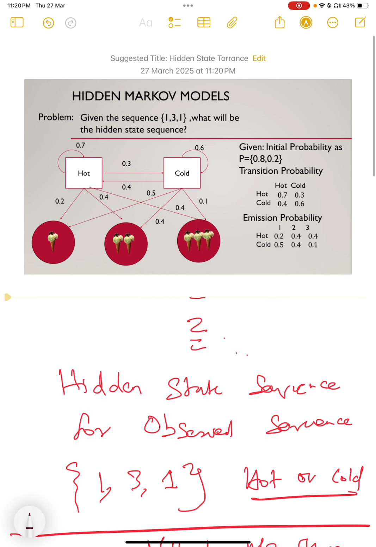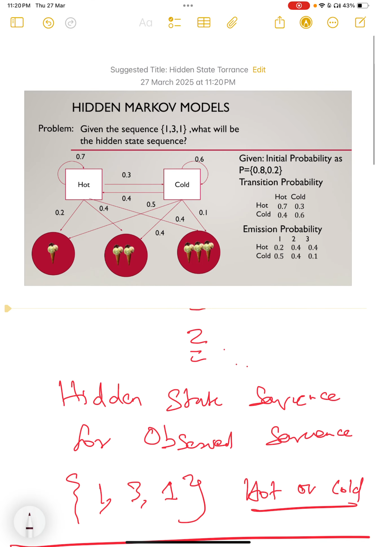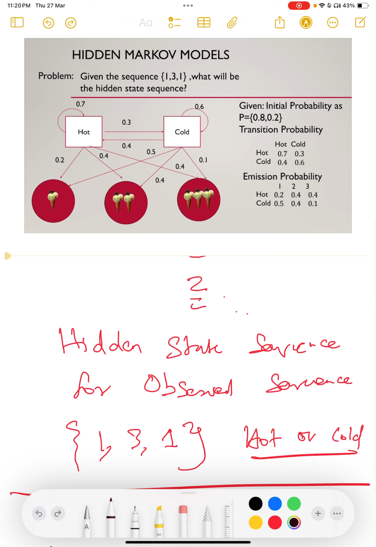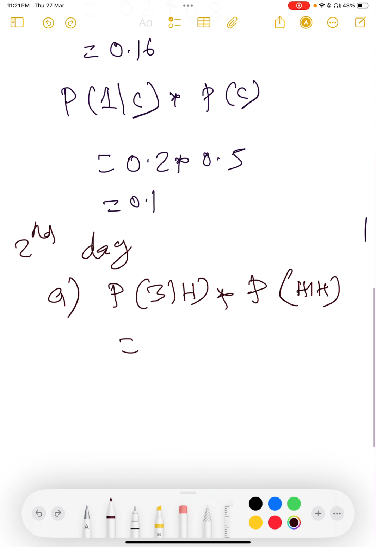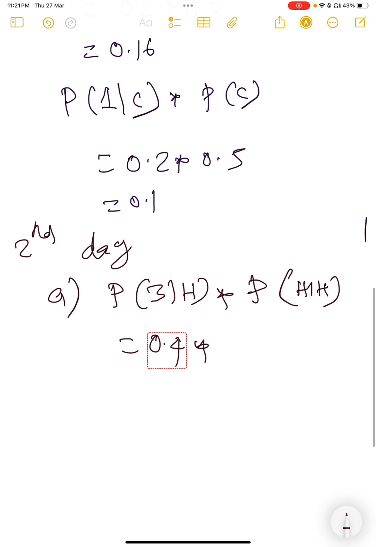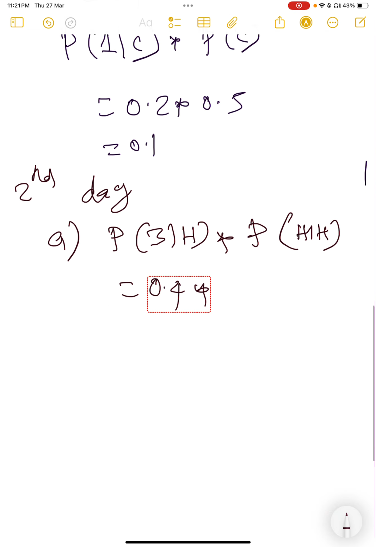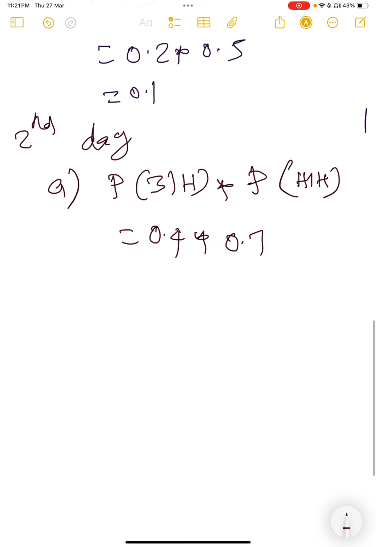What is 3 given H? 3 given H is 0.4. And the probability of H given H is 0.7.